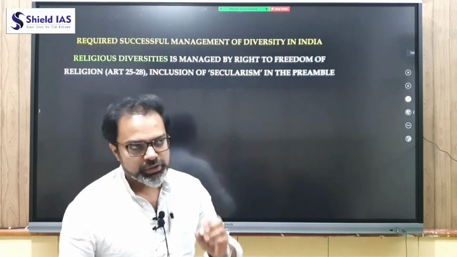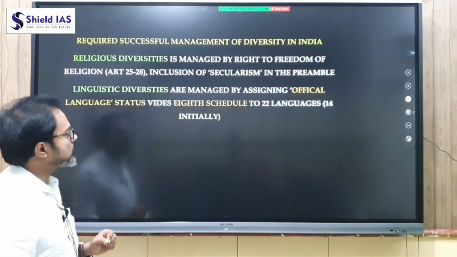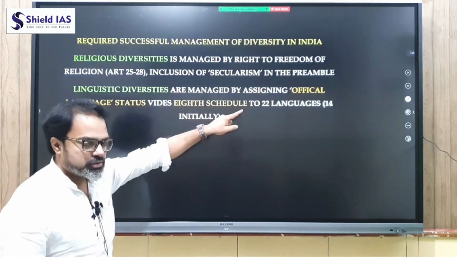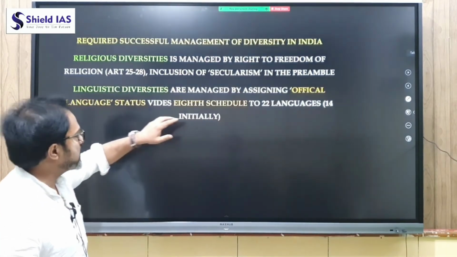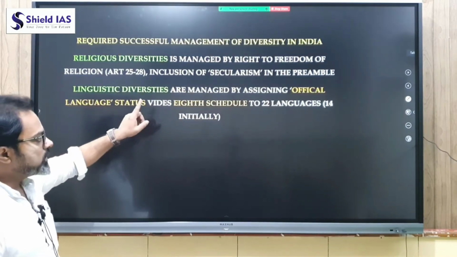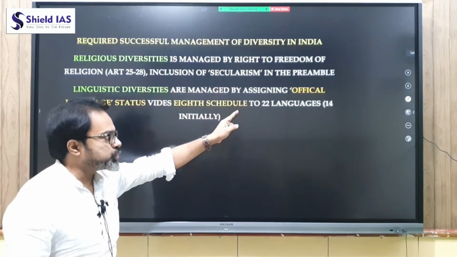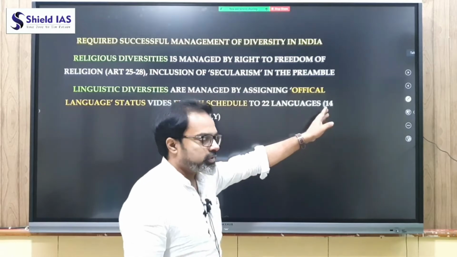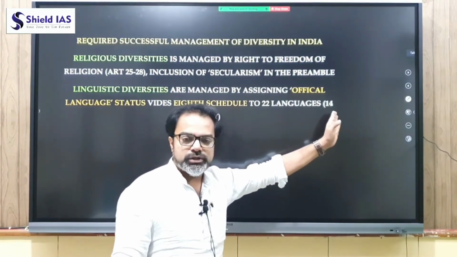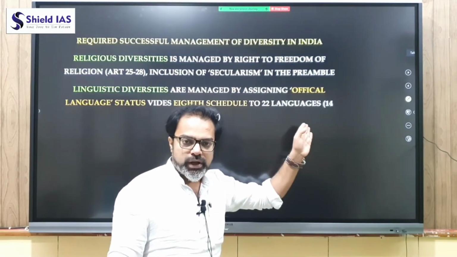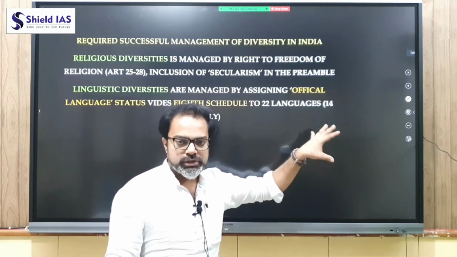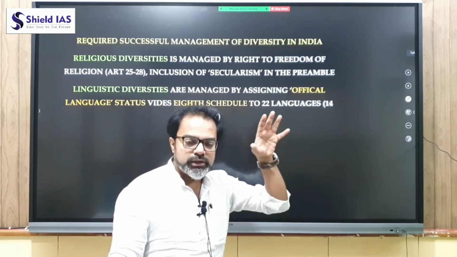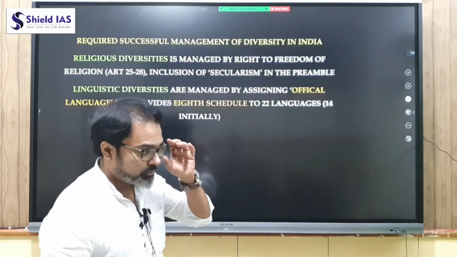Now let's talk about language. Linguistic diversities are managed by assigning official language status under the 8th Schedule to 22 languages. When we began as a nation state, with the coming of the Constitution, initially there were 14 languages, later we added 8 more, so 22 languages are there, giving recognition to important languages spoken across the length and breadth of our country.